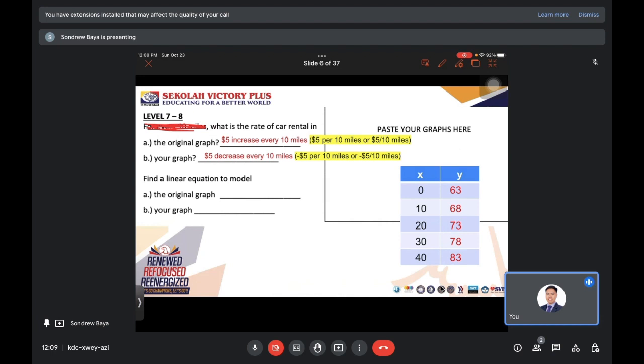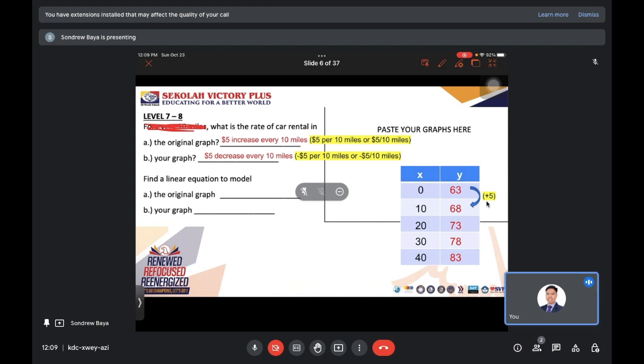Okay? So for you to be able to answer this question, you need to find a pattern. If you look at it, we start with x equals 0, and then the cost is $63, for example. This is in the original graph, by the way. Going to the next one, it's like you're adding 5 to it. Take note that this is achieved by covering 10 miles.